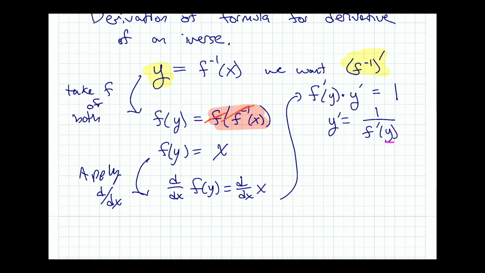I want to replace y with what y is equal to, using y as f inverse of x. So replace the y, and we get y prime is 1 over f prime of f inverse of x.